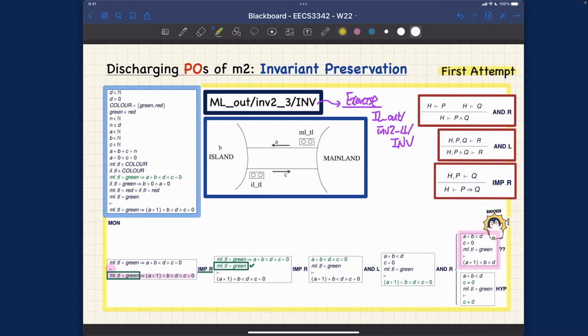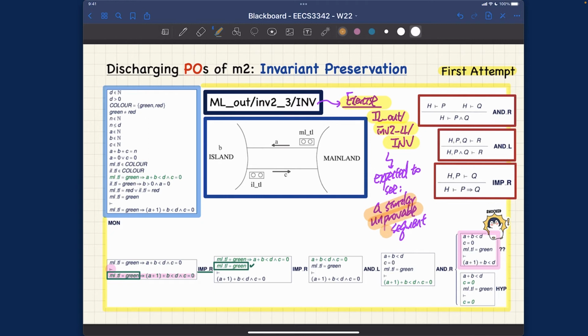When you do the exercise over here, over there, you can expect to see a similar unprovable sequent. It's a very important conclusion for you to confirm by doing the exercise.